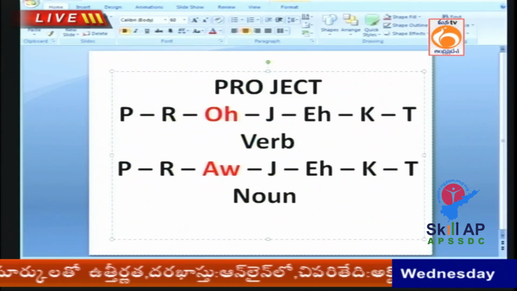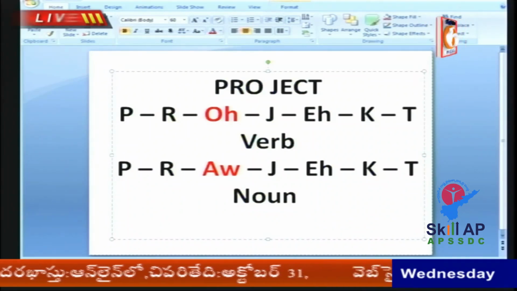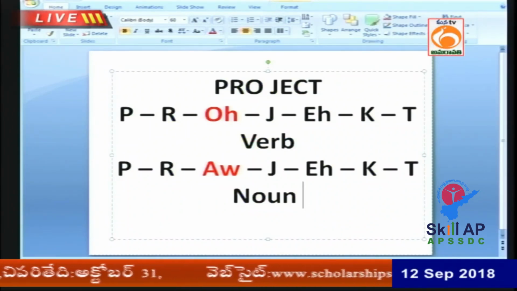Did you finish the project? Now if you interchange these pronunciations, it leads to a lot of confusion. Can I say, can you please project it on the screen? How am I supposed to do that? I can project it on the screen. So project is an action, it's a verb. Like you have an LCD projector. The function of the projector is to project something, the image.